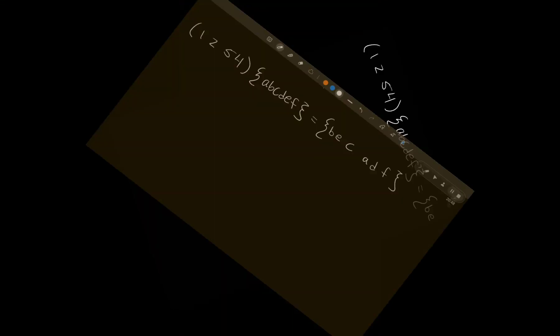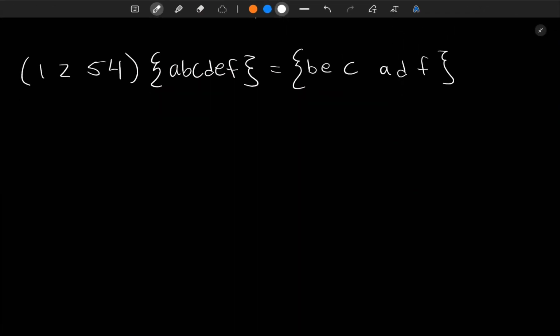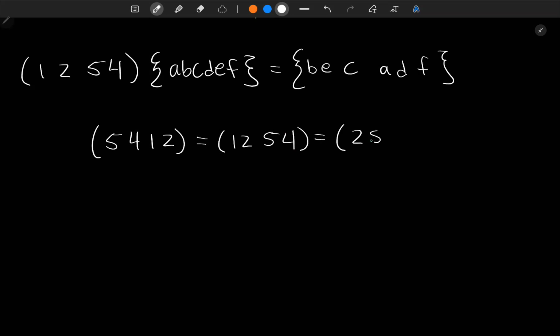And as a note, because this is cyclic, we have that (5, 4, 1, 2) is the same thing as (1, 2, 5, 4), which is the same thing as (2, 5, 4, 1). And this process can go on. All I'm doing is shifting these elements to the left.